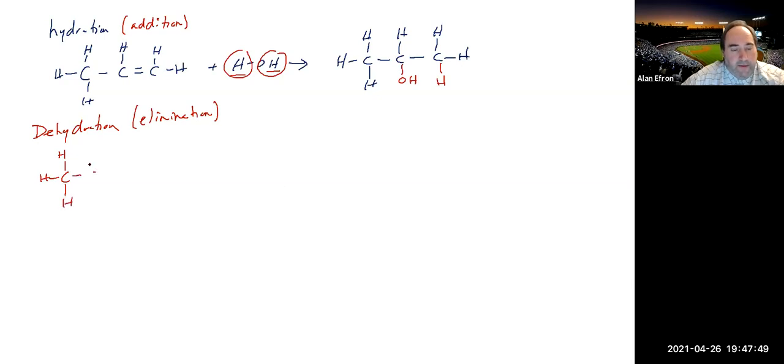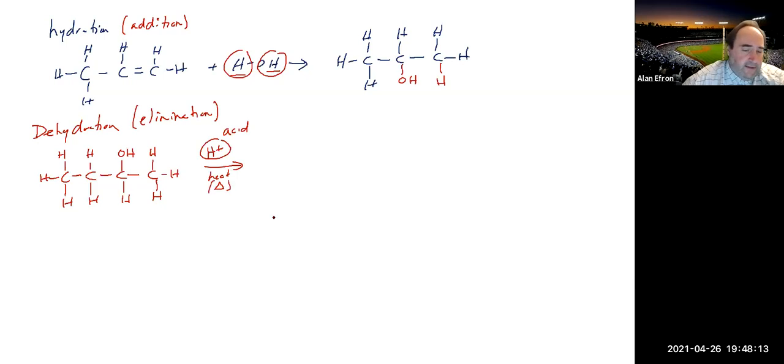Let's draw everything out so we can see all the hydrogens. We'll do OH up top. And this involves an acid as a catalyst, and also heat, sometimes abbreviated with the little delta symbol.